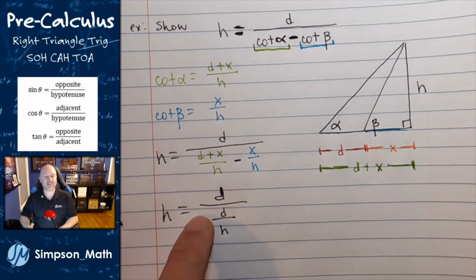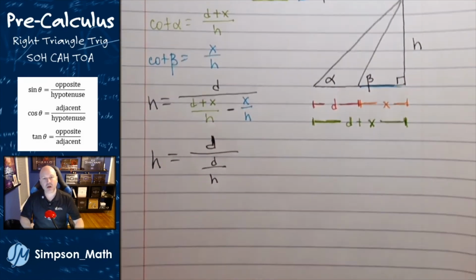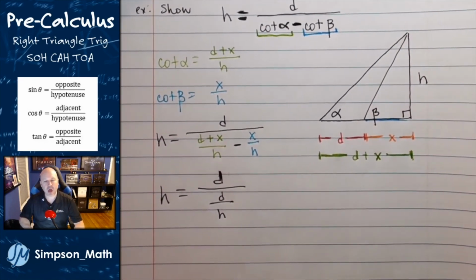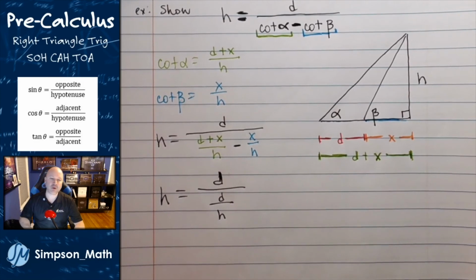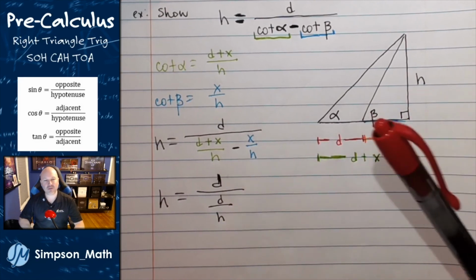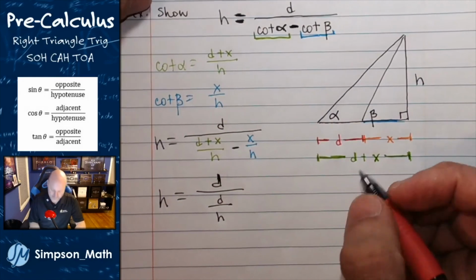How do you divide by fractions? A lot of people learn keep, change, flip. I want to multiply by h over h to get rid of the denominator. But I've shown that already, so I'll do a keep, change, flip for those of you who are more familiar with that.